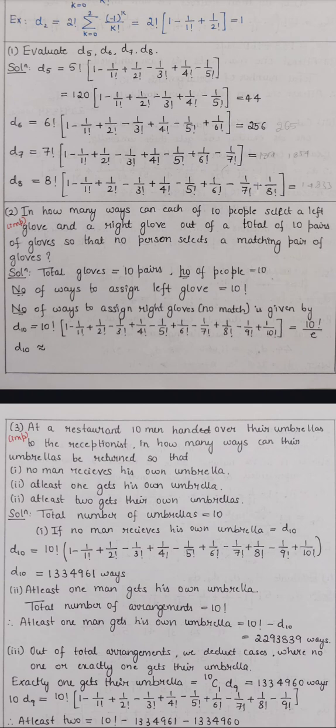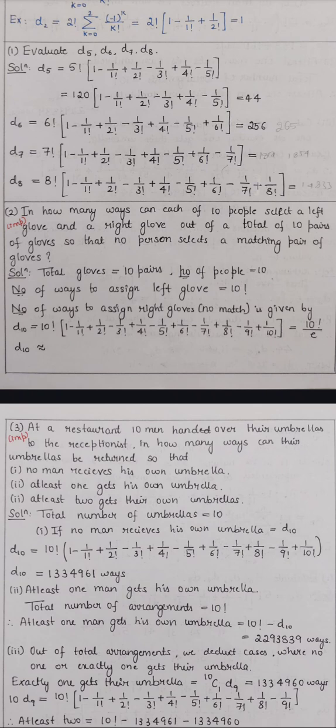No matching pairs, or nothing happens correctly, or they get their own umbrella, they will get some different umbrellas like this. And the solution goes like this: total gloves are 10 pairs and total people are also 10, you have to remember that.